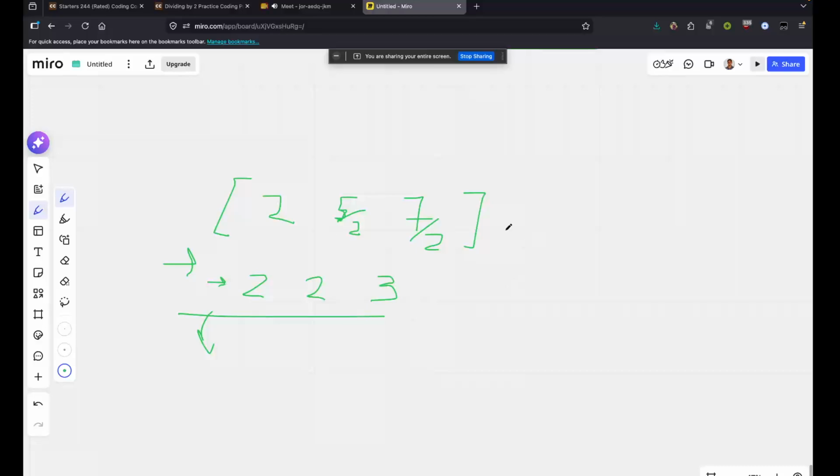After this, our operation count was 2, so I am storing it here. For making 2 to 1, we will require one operation. And for this, we'll also require one operation. And for this, we'll also require one operation. So the total operations will become 5. So this is the question.